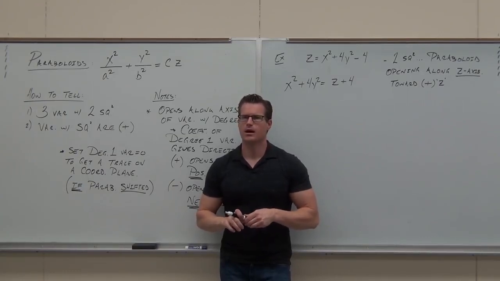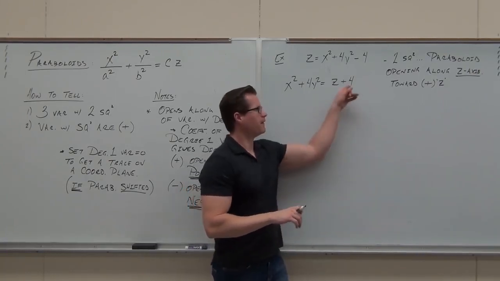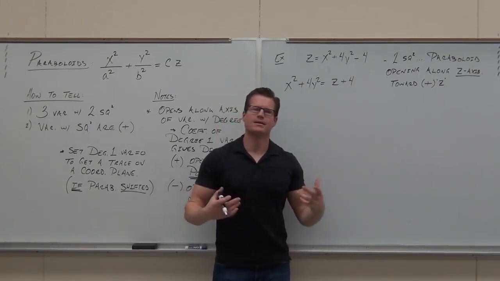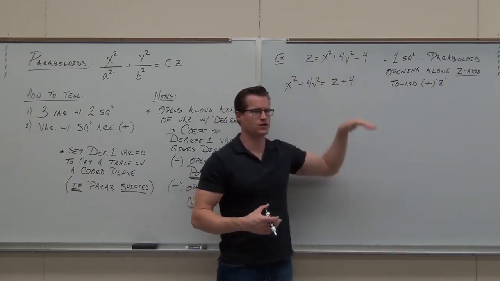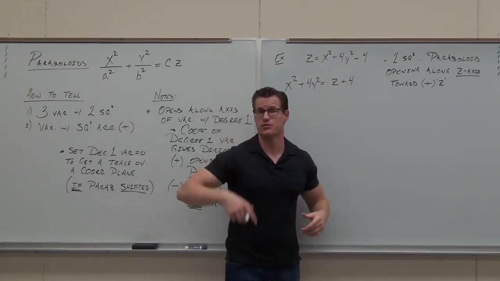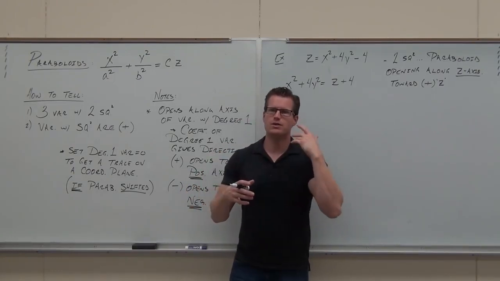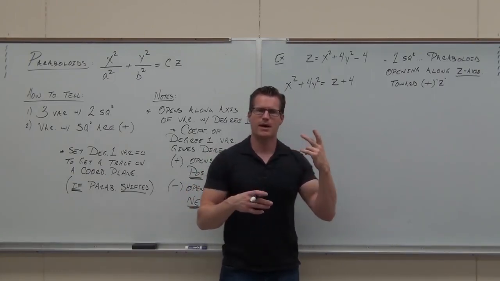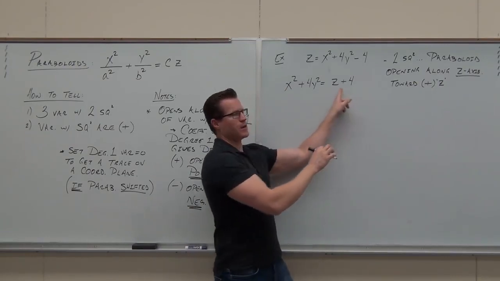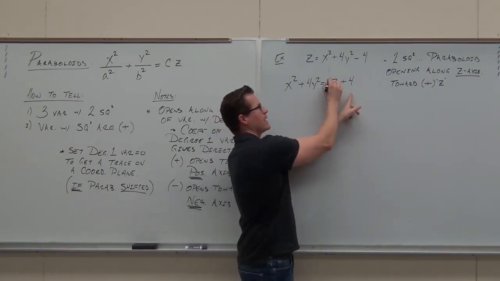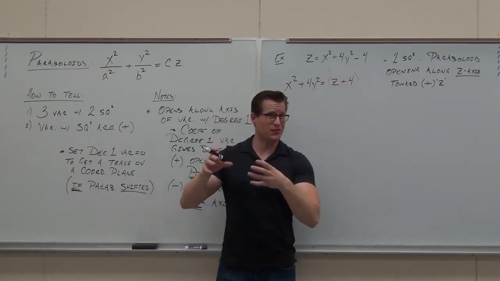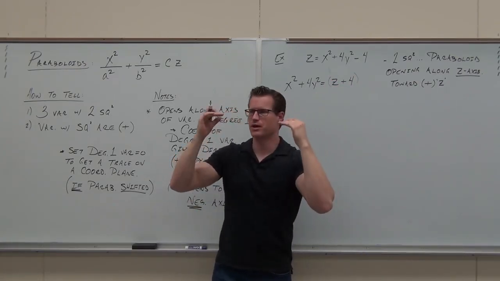A lot of people get really confused as to, wait a minute, that's now a shift up 4. Listen, I can't alter the shift just because I put it in a different format. Get your shift right, all right? I want you to think about it this way. Anytime I ever have a number being added or subtracted right next to a variable, it's a shift, but it's like opposite of what your brain wants to think.